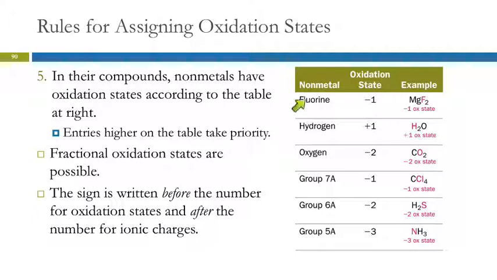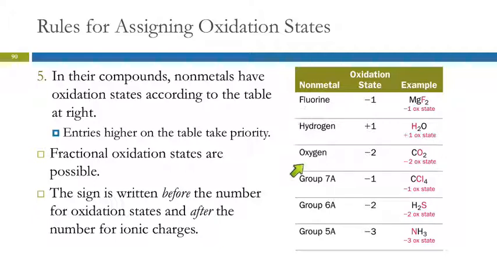So this is like a list of these nonmetals saying, well, I want this charge, I want this oxidation state. No, I want this oxidation state. How do you decide what they get? You go down the list. Fluorine always gets first priority. Fluorine wants to be -1 for its oxidation state. When fluorine becomes an ion, what is its charge? -1, right?